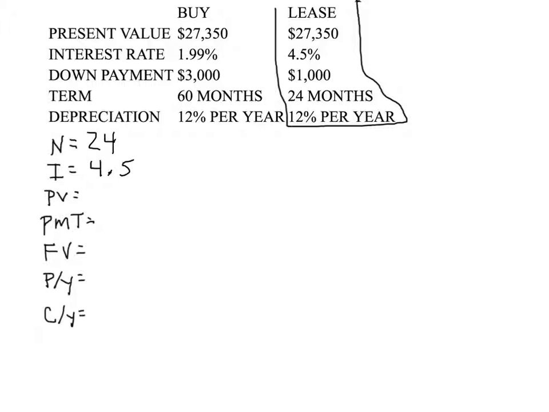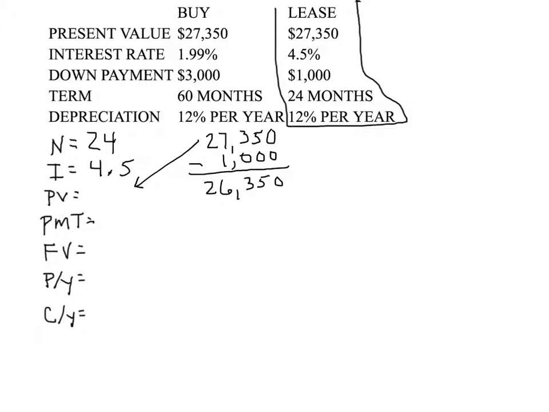Now, the key here, though, is you have a down payment. So for your present value right here, you have to take the value of the car, $27,350, and you need to subtract $1,000 from that, because you're going to put down $1,000, and so therefore you're only going to have to pay the leasing amount of $26,350 because you already gave them $1,000.